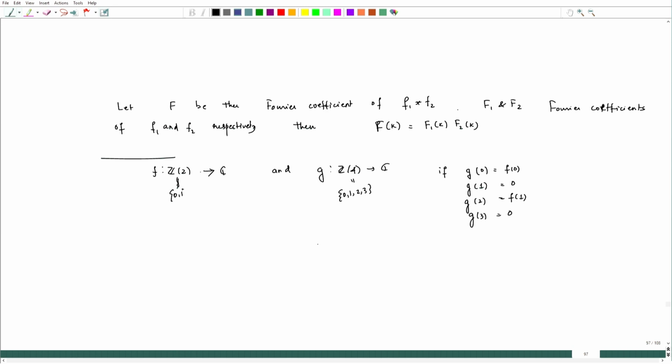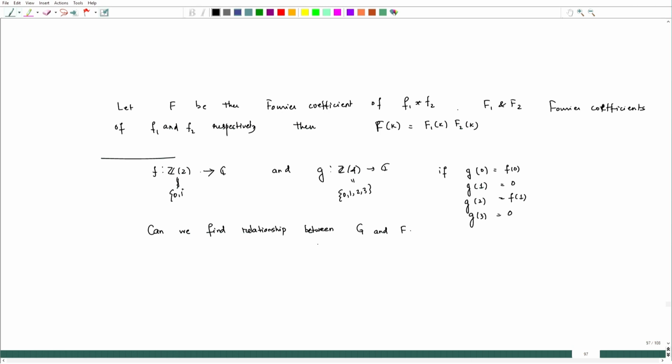Then what is going to be the relationship between g and f?